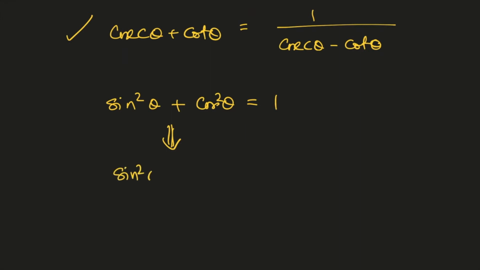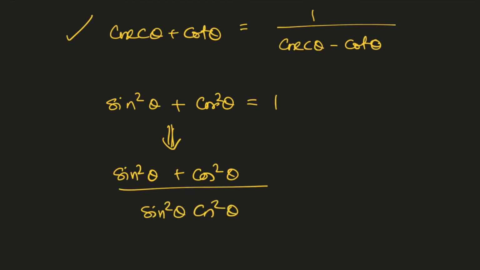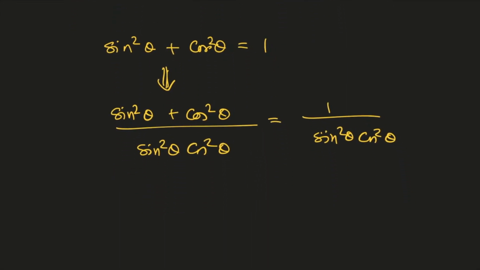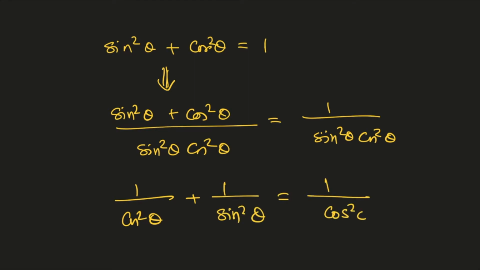We have sine square theta plus cos square theta divided by sine square theta into cos square theta equal to 1 divided by sine square theta into cos square theta. Now you split the denominator into two terms. So this becomes 1 by cos square theta plus 1 by sine square theta, that is equal to 1 by cos square theta into 1 by sine square theta.